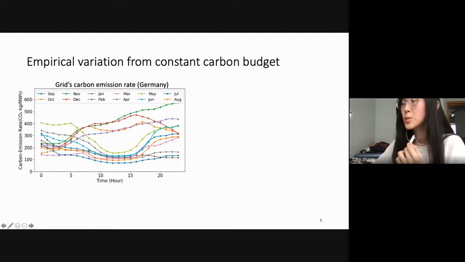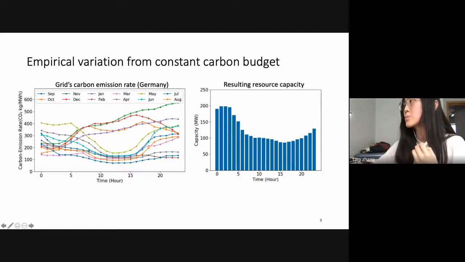We took 1 day for each month over the past 1 year because there could be seasonal or weekday periodic changes in the carbon emissions because of the renewables. So each line represents a day in a month. And this is one example of the resulting resource capacity, for the same data center capacity as we showed earlier.